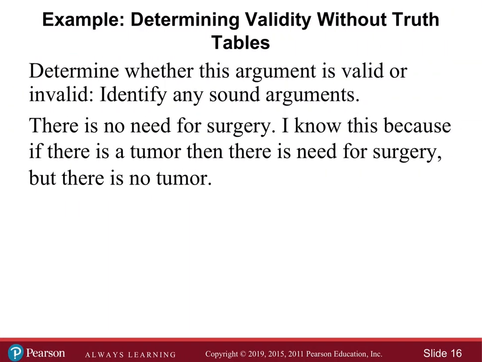Determine whether the argument is valid or invalid. Identify any sound arguments. There is no need for surgery. I know this because there is a tumor. Because if there is a tumor, then there is need for surgery, but there is no tumor. Let's see. It looks like this is the conclusion again. If there is a tumor, so we'll let P be there's a tumor.